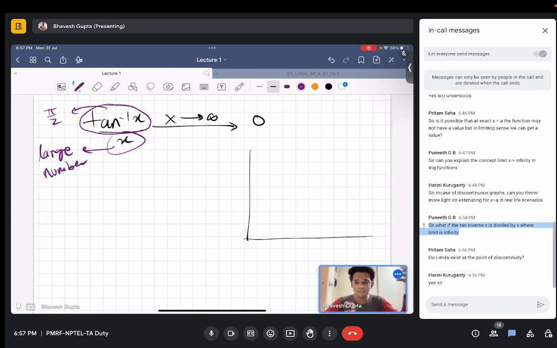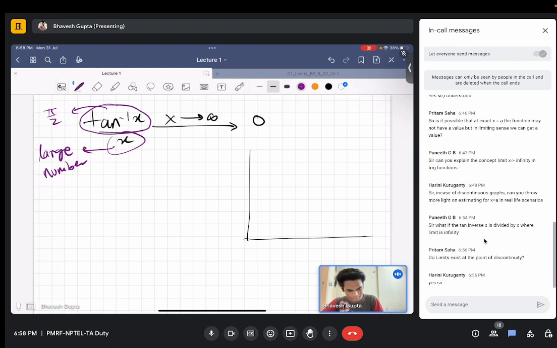Something which is finite, a small number, compared to infinity, pi by 2 is small, right? So you can understand the ratio will be very close to 0. I hope this answers your question. I solved the problem just by understanding, okay?